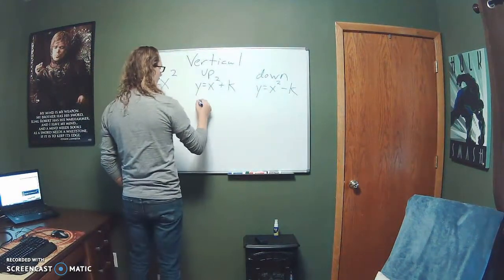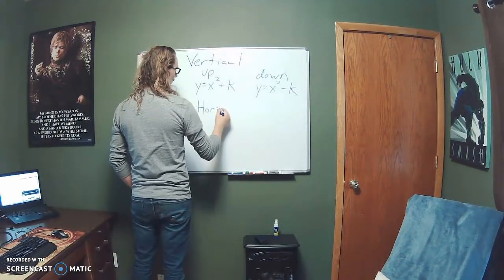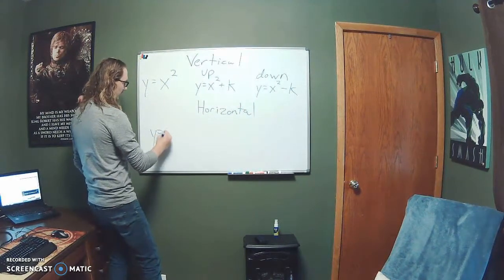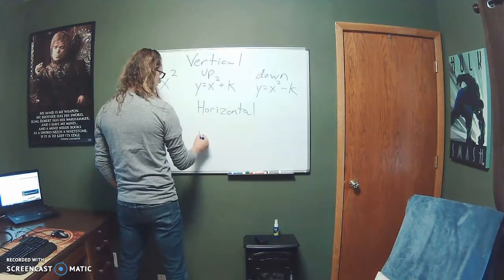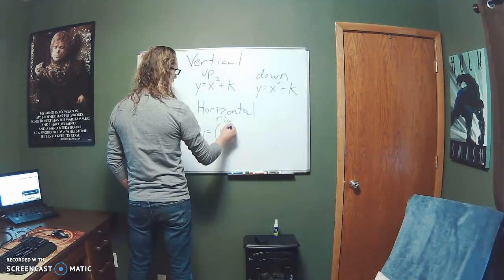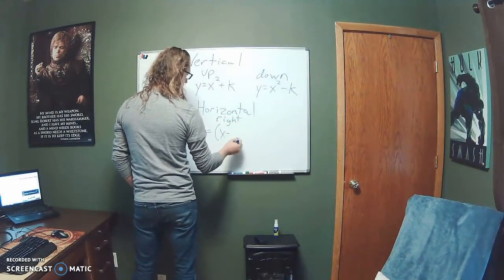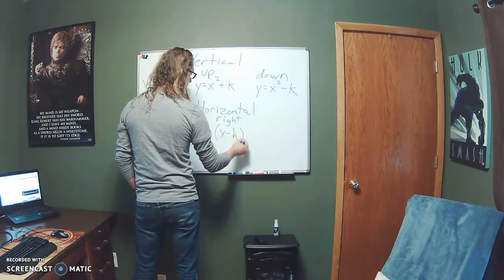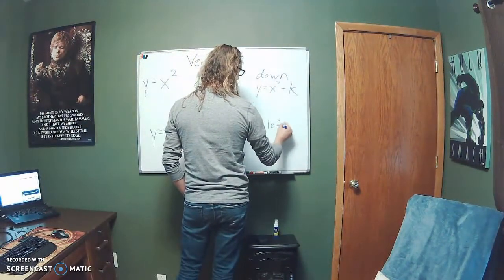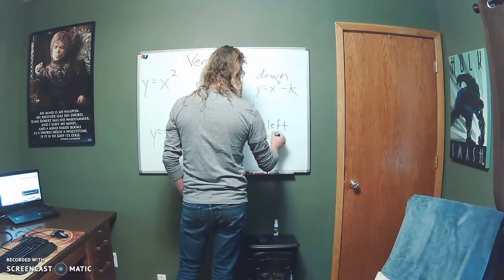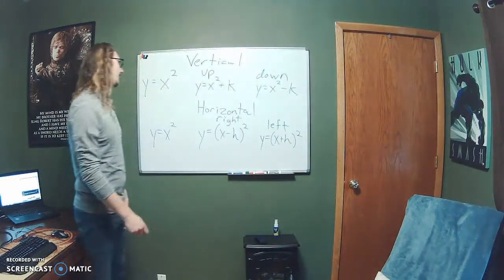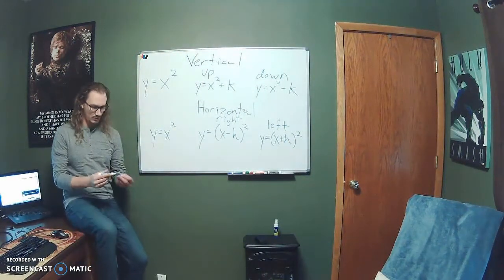And for horizontal, still dealing with y equals x squared. To move to the right, y equals x minus h, squared. Move to the left, y equals x plus h, squared. Okay. Take a second and put that into your notes because it will help you when you get to the assessment.